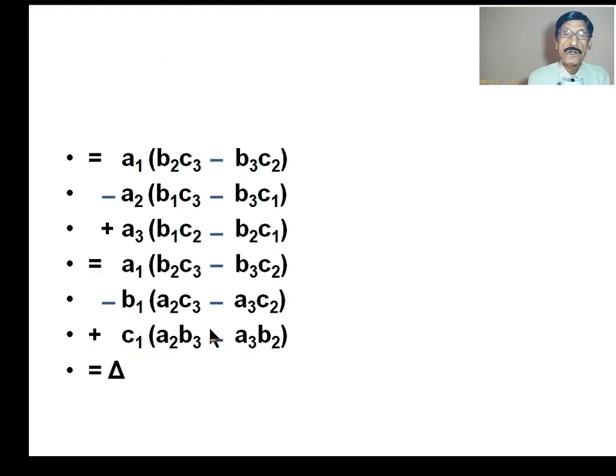In this case, we take B1 and C1 common, and by taking these two elements common, we get the same result. So this is equal to delta. That means there is no difference when all the rows are changed into columns. The value remains the same.